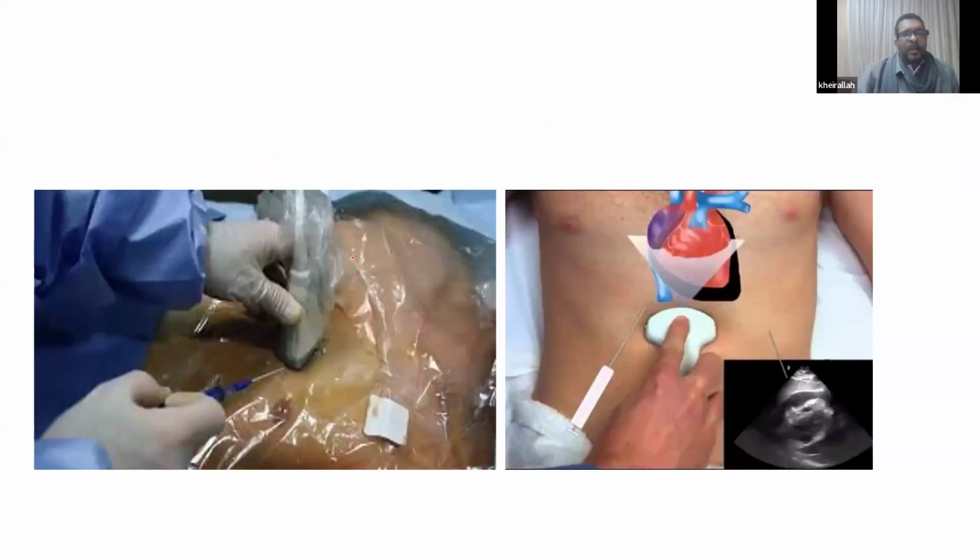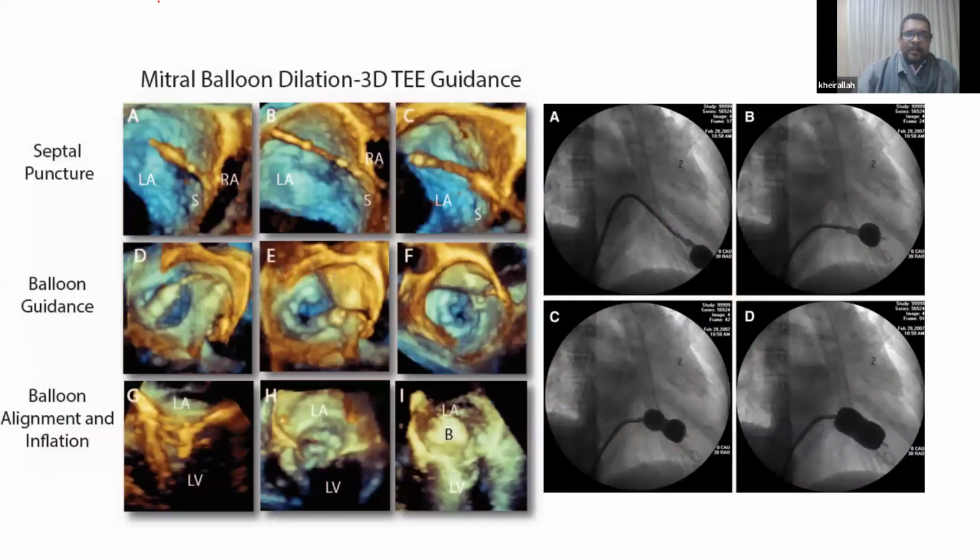Of course, pericardiocentesis is safer and faster by echo. You can do it, like we said, by fluoro guided, or sometimes by blind subcostal puncture, but it's not going to be safe. It's going to be safer and faster by echo guided.